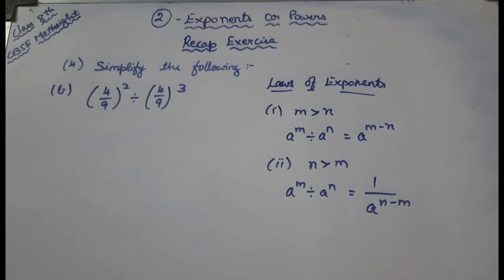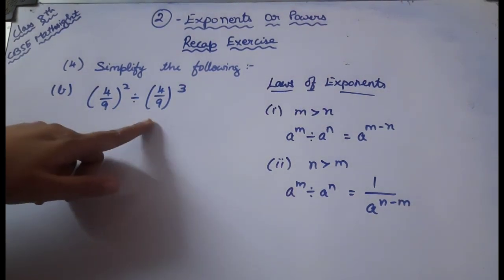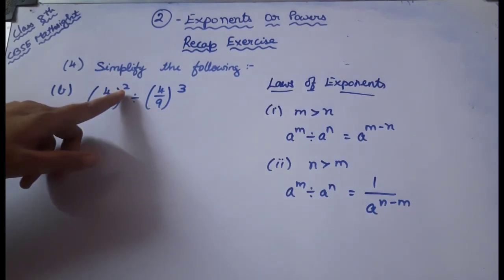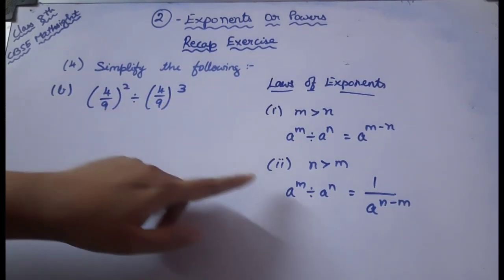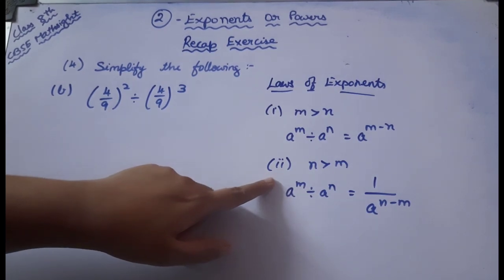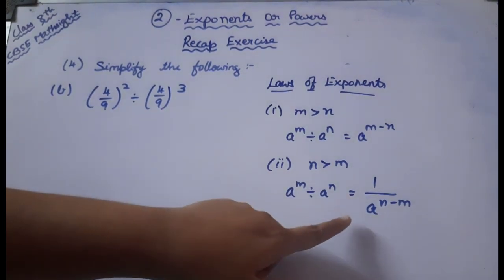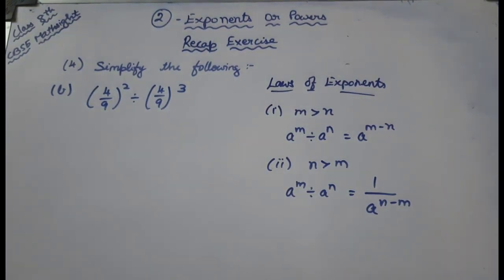We are going to see the second sum. 4 by 9 to the power of 2 divided by 4 by 9 to the power of 3. So here we can see the first power 2 is smaller than 3, which means we have to apply the second rule where the second power is greater. So we have to write it as 1 divided by a power n minus m.